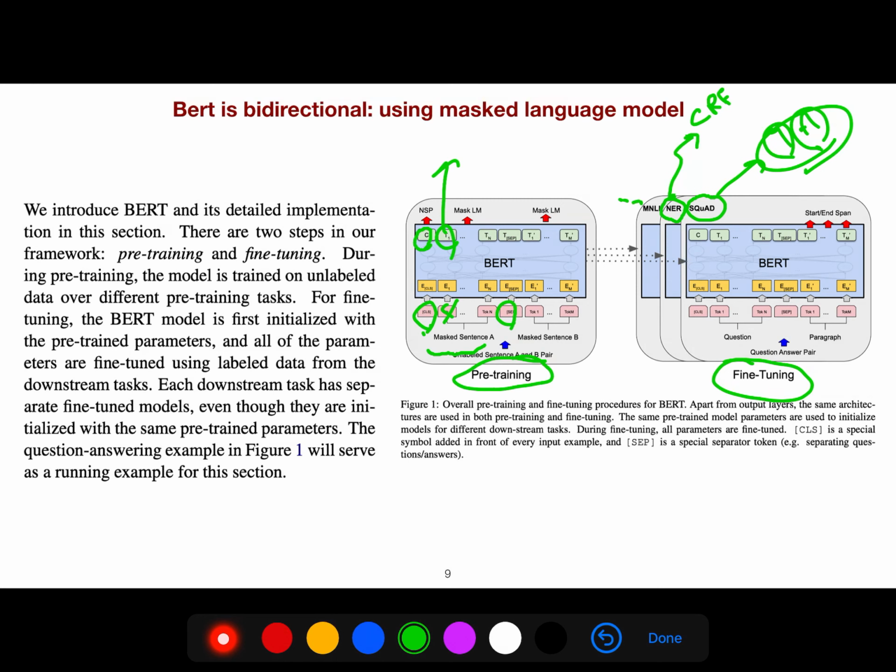So you can use different tasks for fine-tuning. As I said, it's a paradigm. First you do pre-training on a big corpus, and then you fine-tune it. You do domain adaptation and focus on a specific corpus, probably the domain you're working in. So it's a paradigm, and then you test it.